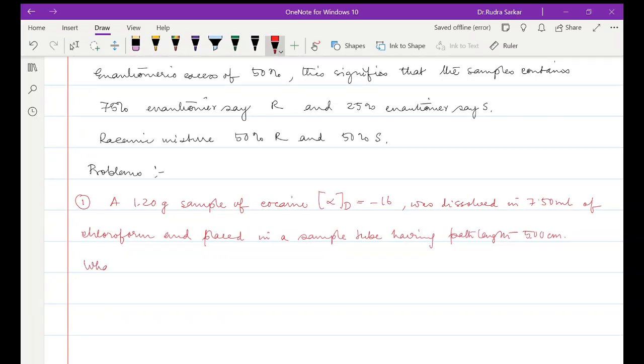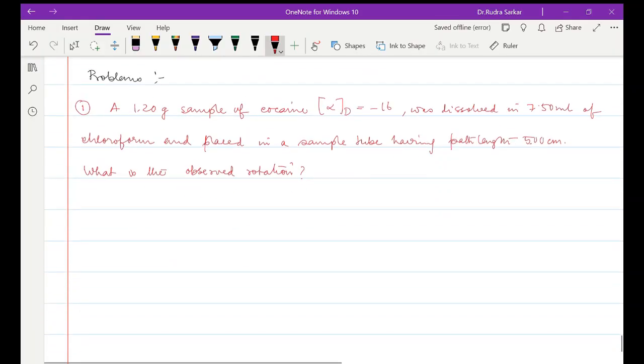What is the observed rotation? We've got to find that out.